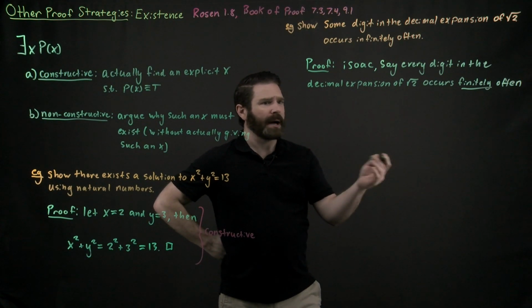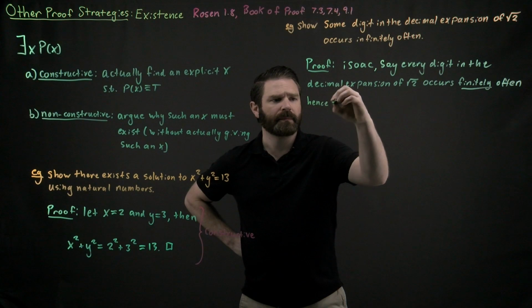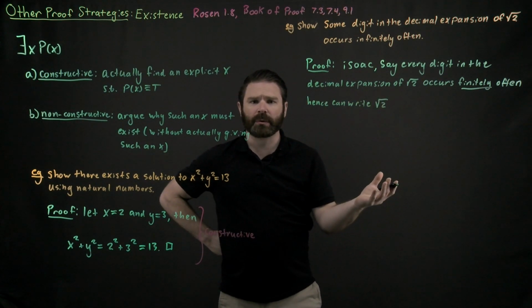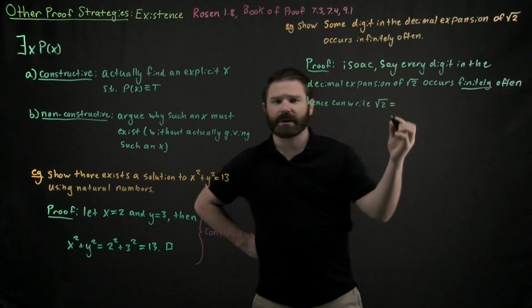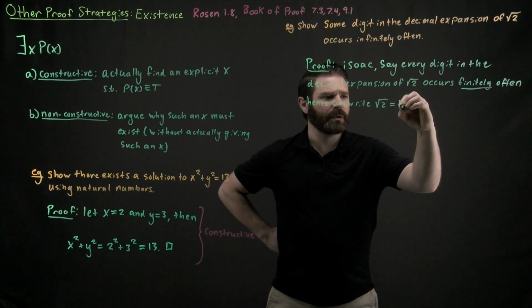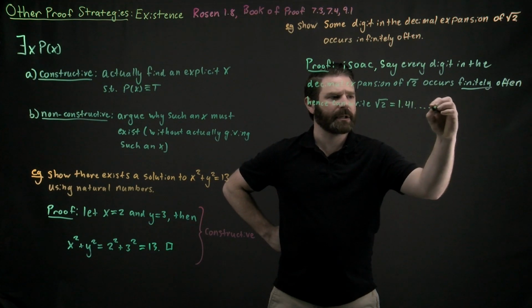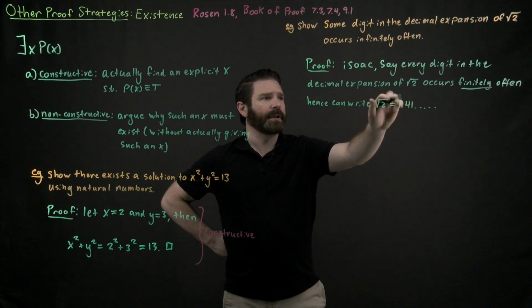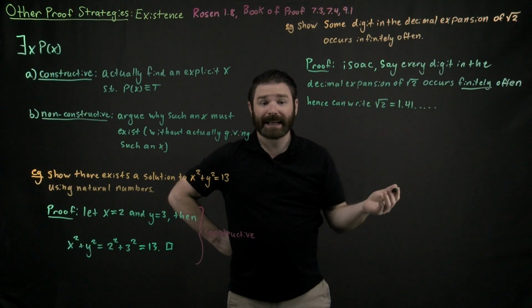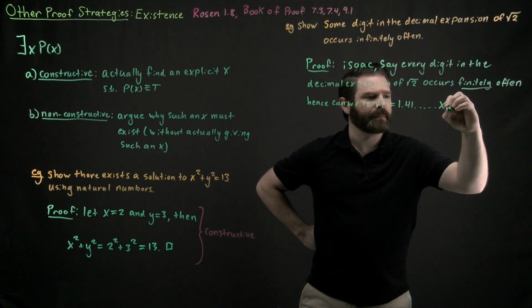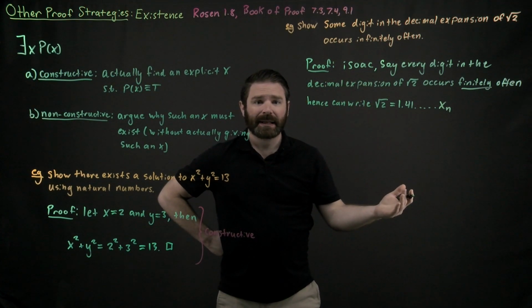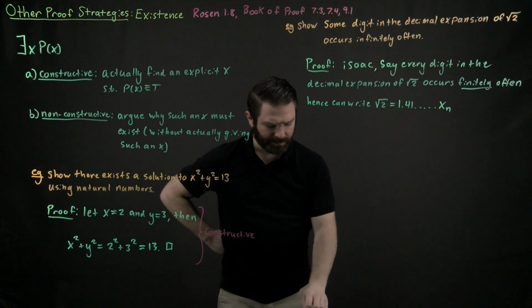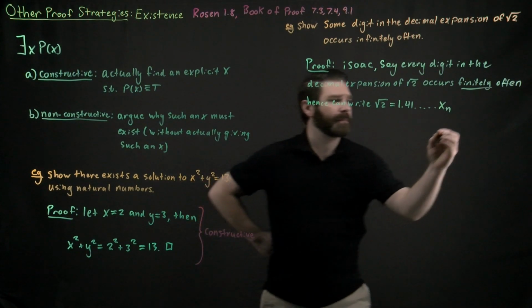So that would imply we could write the square root of 2 as, well, let's start writing down some of its digits. 1.41... And then at some point, since every digit occurs finitely often in our argument right here, it's going to have to end. I don't know where it ends, and I don't know what digit it is, so I'm going to call that last digit xn. So that here is my last digit.